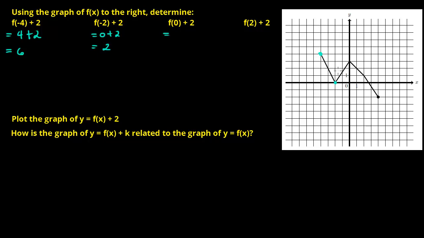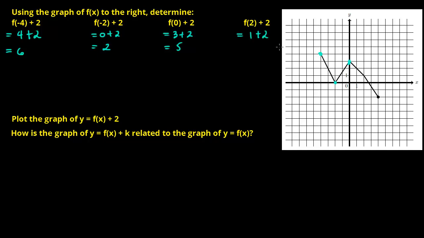F of 0 is 3, so this is equal to 3 plus 2, which is equal to 5. F of 2 plus 2. The x value 2 is right here, and f of 2 is going to be equal to 1.